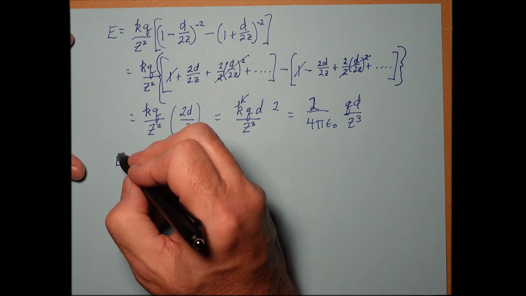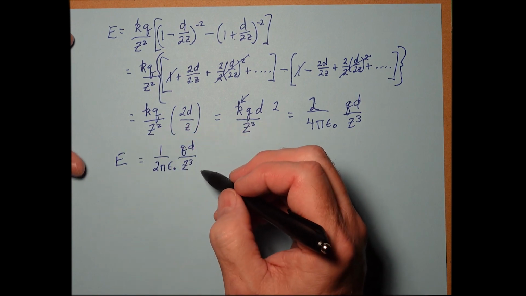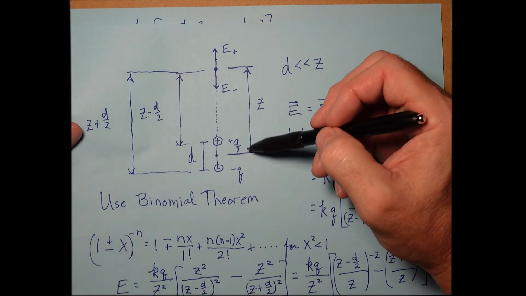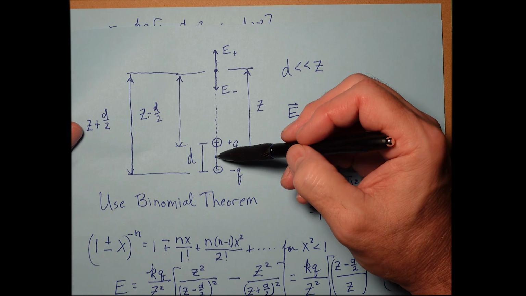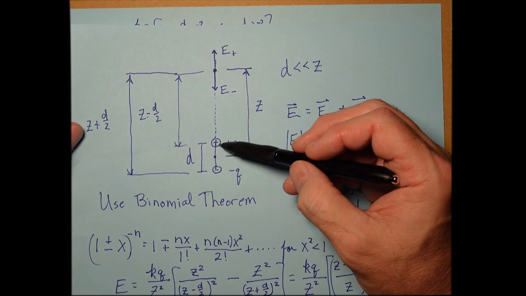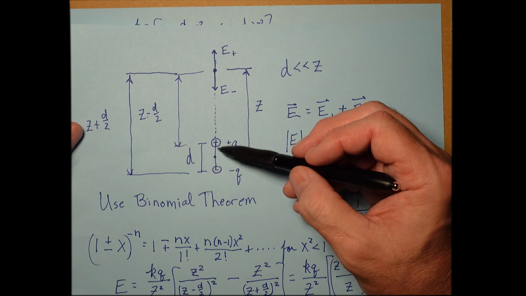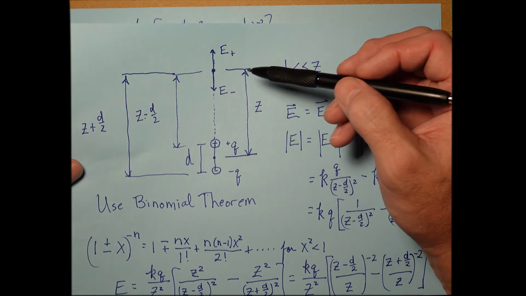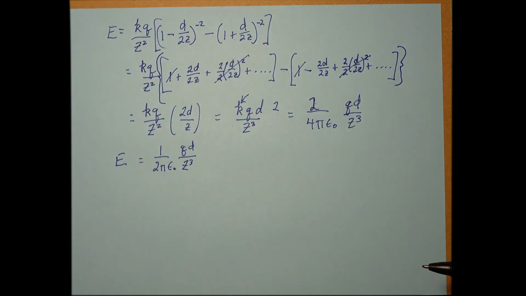And that is the magnitude of the electric field at our point, some distance Z away from the center of a dipolar molecule, with the assumption that this molecule, the distance between the positive and negative charges, is very small compared to the distance away. And that will be the case if we're dealing with something like a water molecule or any other dipolar molecule.